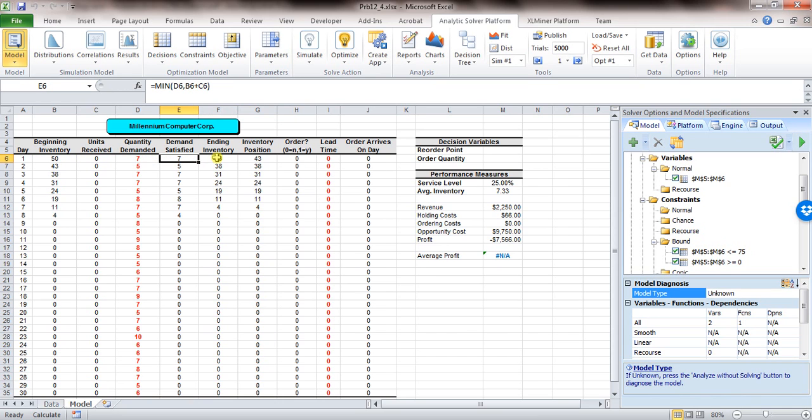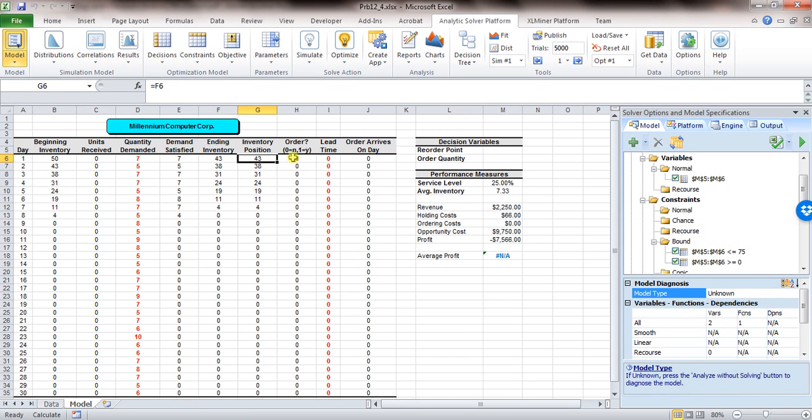Ending inventory is the beginning inventory plus units received minus demand satisfied. One is demanded and one is satisfied; satisfied is the minimum of what is available and the demand. So ending inventory is hopefully understood, and then inventory position is based on the last ending inventory.